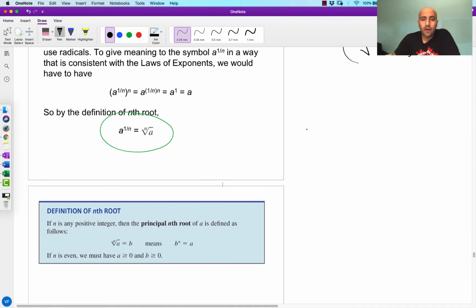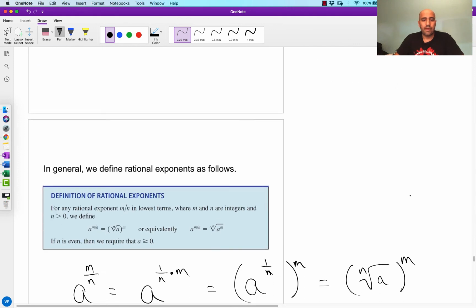Right, so an example of this, just to make sure it's clear, 5 to the power of 1/3, that's the same thing as the cube root of 5. Right, that's what this notation is saying. Or 7 to the 1/2 power is the same thing as the square root of 7. Good. Okay, so hopefully that makes sense.